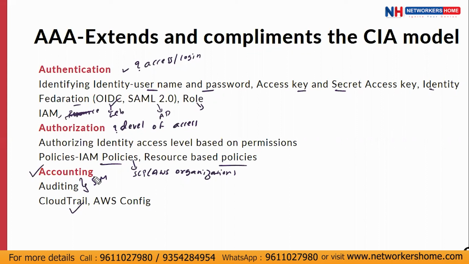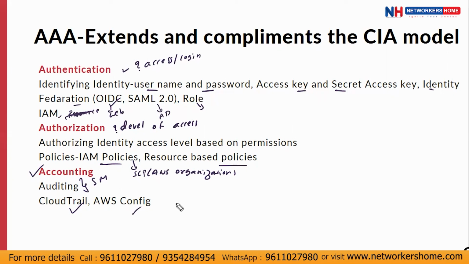And AWS Config. What is this service? AWS Config gives an inventory of your resources, and it gives an end-to-end history of a resource's configuration. Let's say an EC2 instance was launched 100 or 500 days back. From that point until today, what modifications and configuration changes took place on that instance?